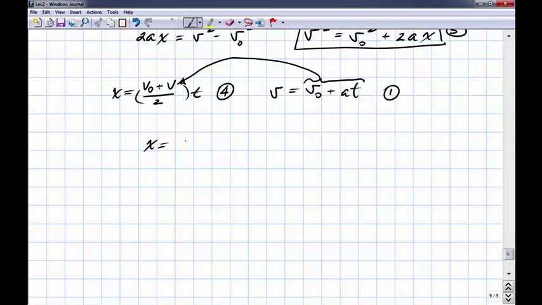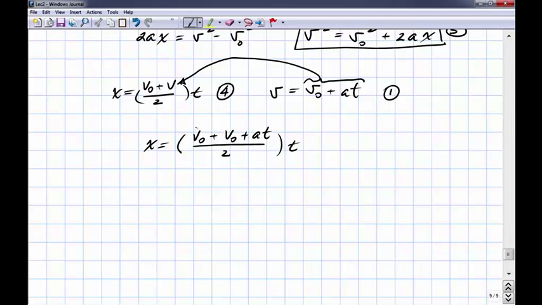So this produces x equals, we have v0 right here. Instead of v, let's introduce v0 plus at. We have this 2 in the denominator that carries forward, and then this t also carries forward in front of the parentheses.